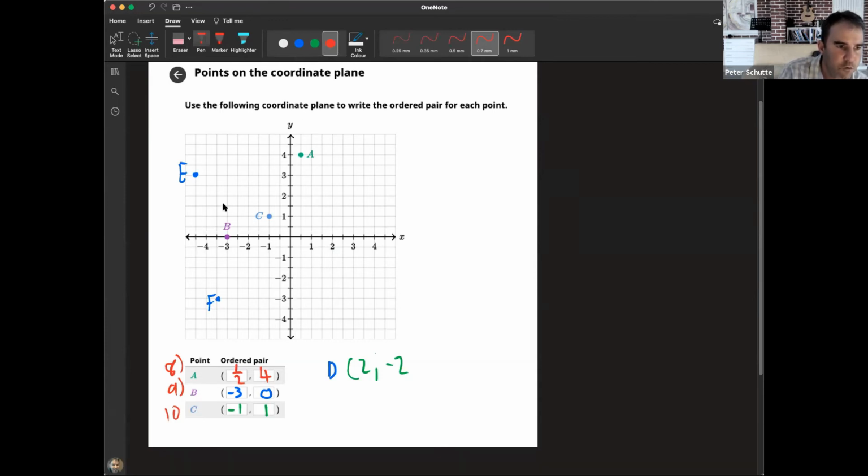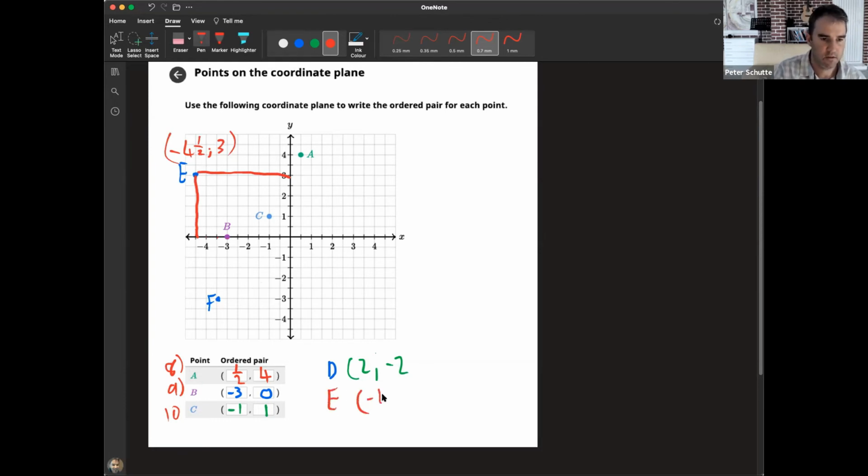Okay. For E, can you see it's fallen on the half? It looks to me like, I go -3, -3.5, -4, -4.5. So this is going to be -4.5 as the x coordinate. And then for the y coordinate, it's going to be 3. So I'll write that down here.